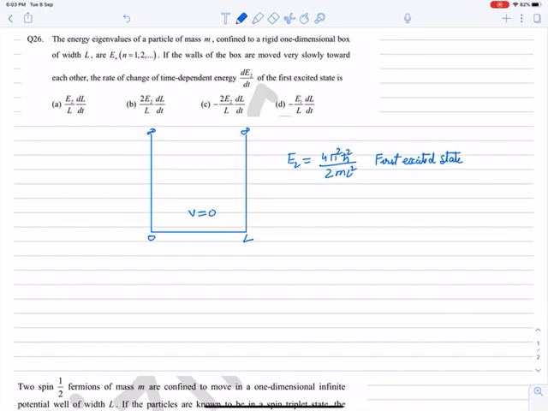Now we have to find dE2 by dt. Actually, what this numerical means is that we have to calculate dE2 by dt.